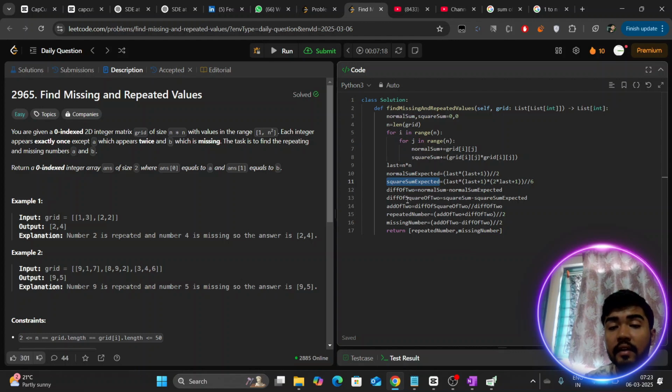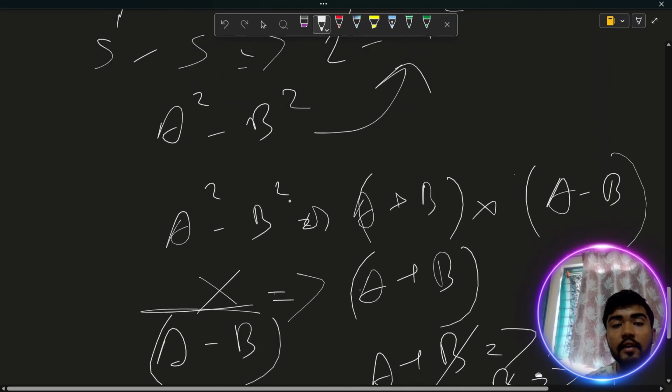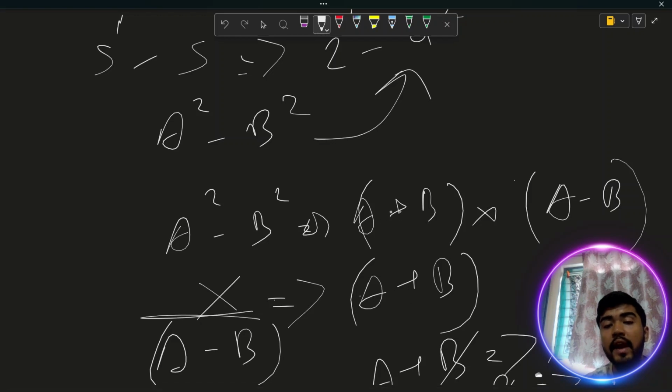And after that, if we do add of 2, what is add of 2? Add of 2 is nothing but diff of square of 2 divided by diff of 2. Why so? Because diff of square of 2 is a square minus b square, and a square minus b square can be written as a plus b into a minus b. So add of 2 is a plus b.